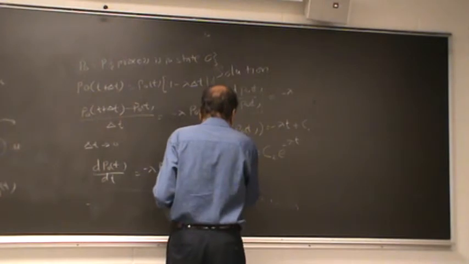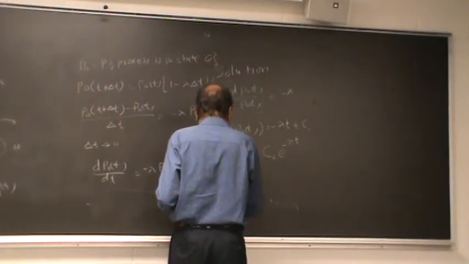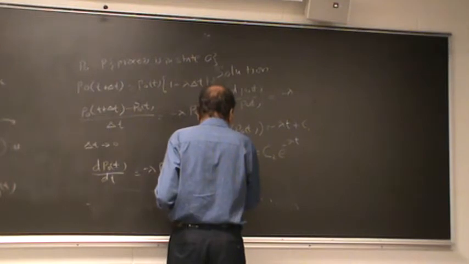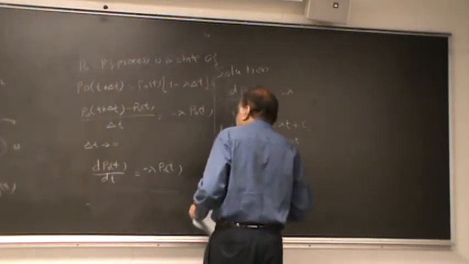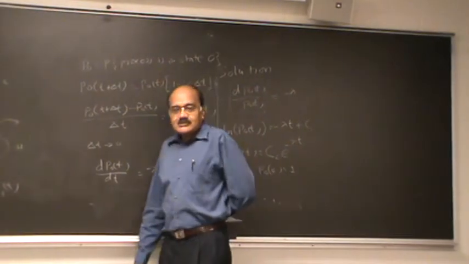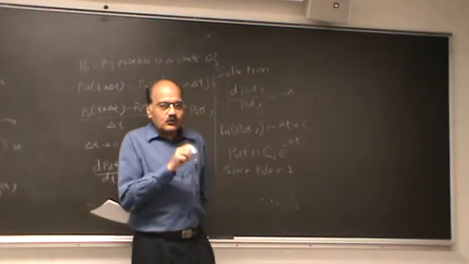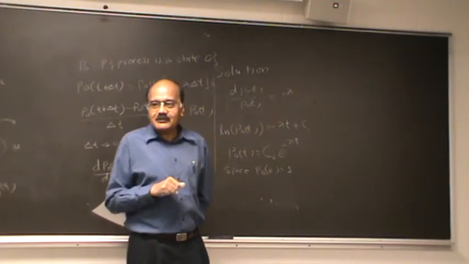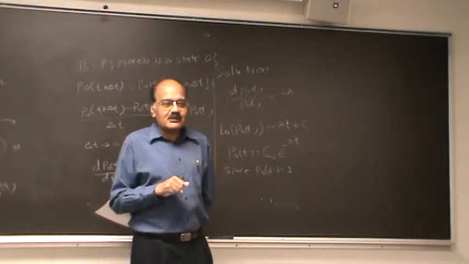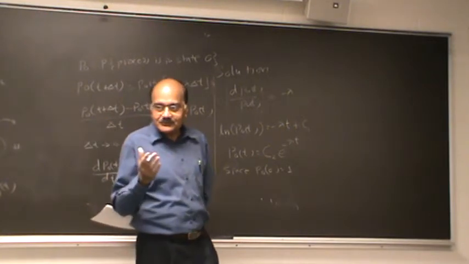Now if we assume that the initial condition is this, since P0(0) is equal to 1, let us assume that at time t equal to 0, the count was 0. That is in fact the assumption in the definition of the Poisson processes.